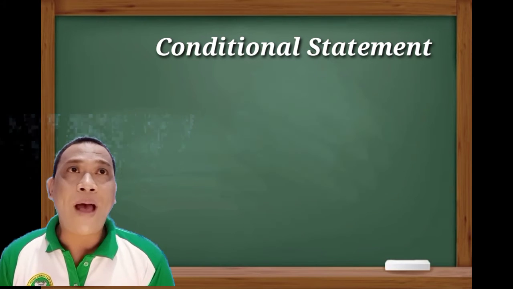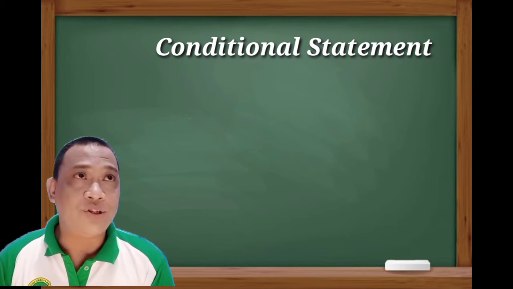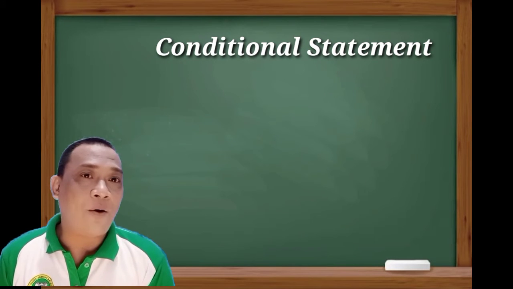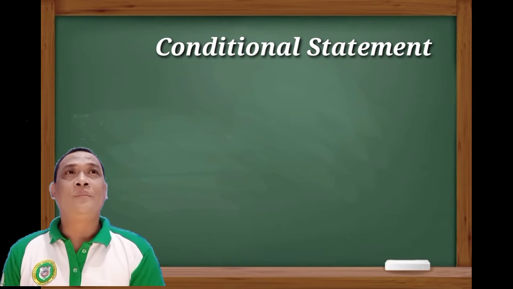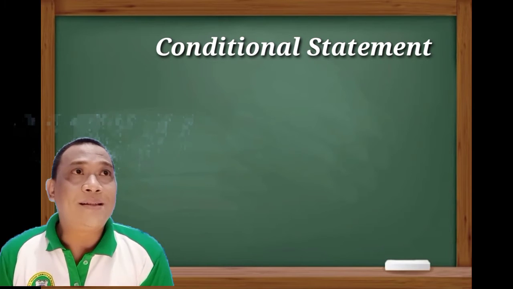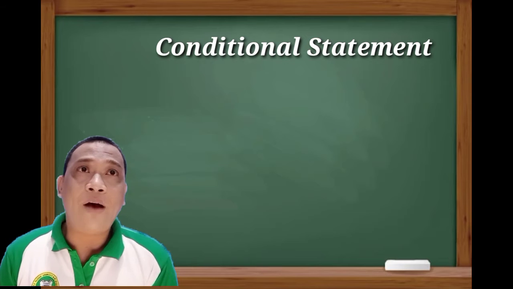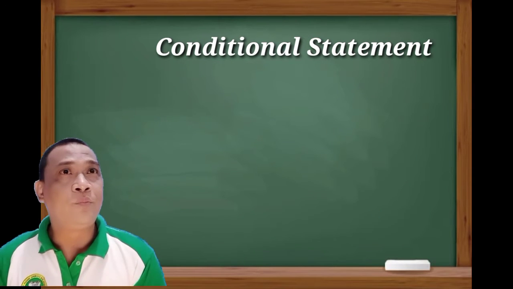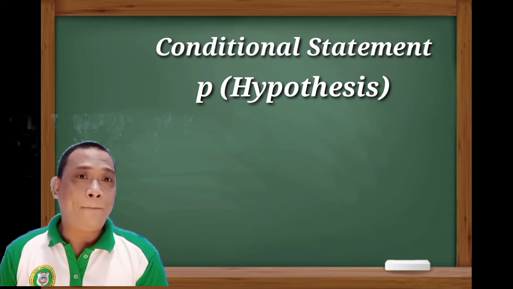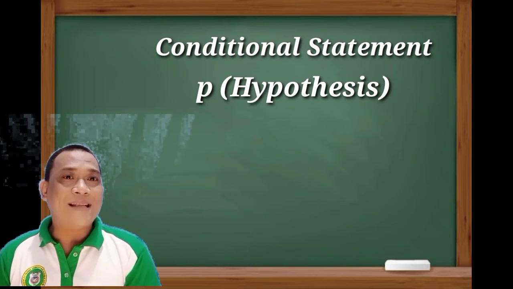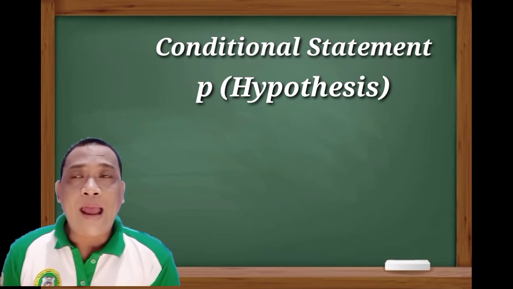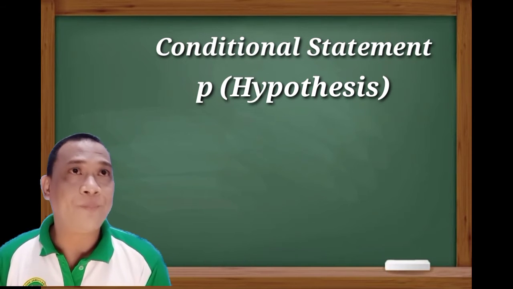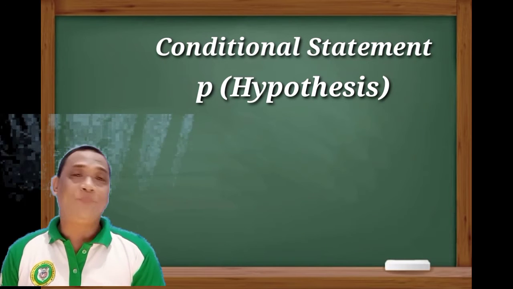If we go back to the definition of conditional statement, we say that it is a compound statement. This only means that we have two statements that are combined. The first statement, P, which is called the hypothesis, usually begins with the word if, or the if clause.